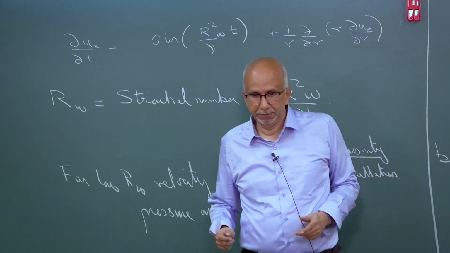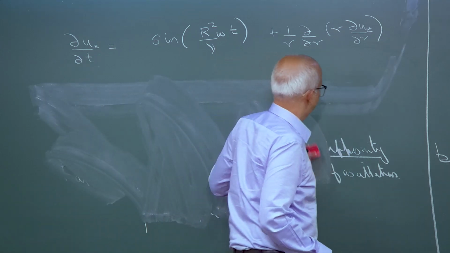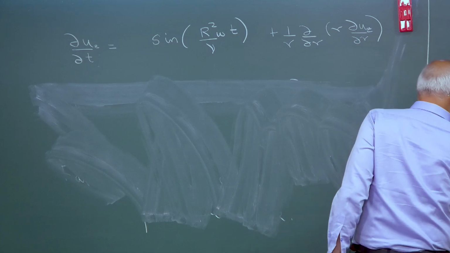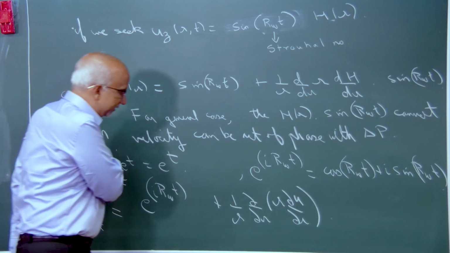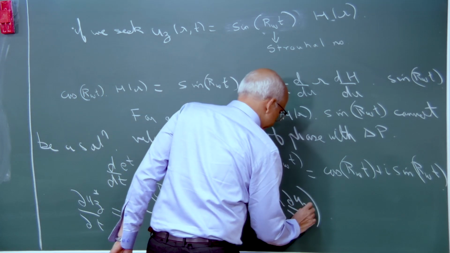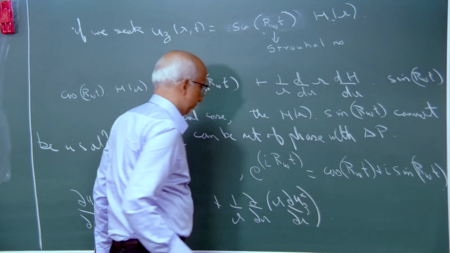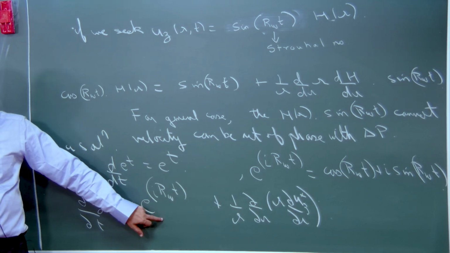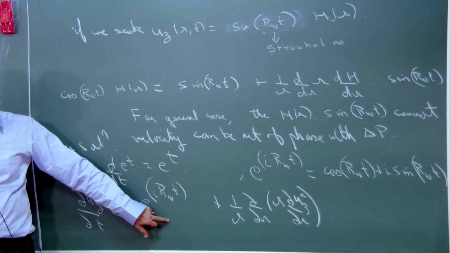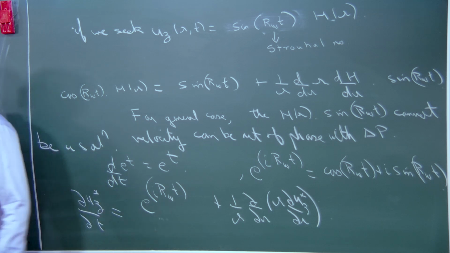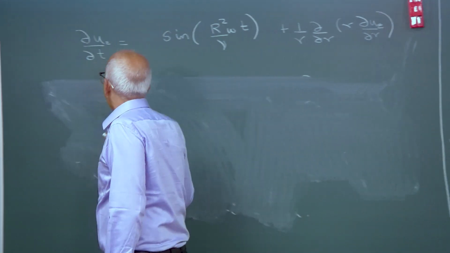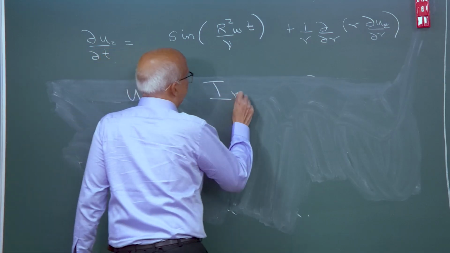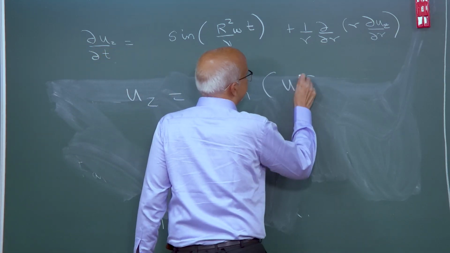Okay. So, I am going to do one thing. I am going to put a star here, because this is not the same as the u z. So, u z star is when I have the e power I r w t as a non-homogeneity, to differentiate it from this thing, and the u z is the imaginary part of u z star of r, t.